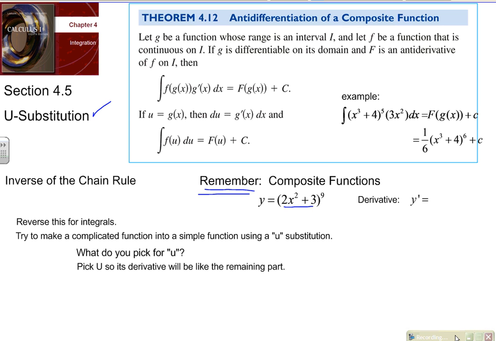In this case, I could have g of x be 2x squared plus 3, and my f of x function be something like x to the 9th power.